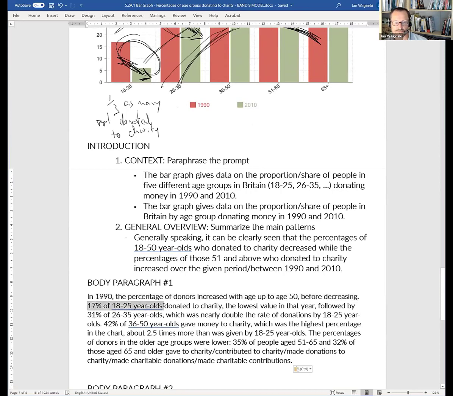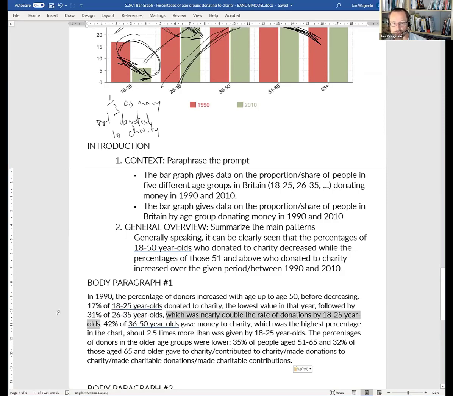17% of 18 to 25-year-olds donated to charity, the lowest value in that year, followed by 31% of 26 to 35-year-olds, which was nearly double the rate of donations by 18 to 25-year-olds. So that's a meaningful comparison. I'm saying 26 to 35-year-olds, twice as many donated compared to 18 to 25-year-olds.